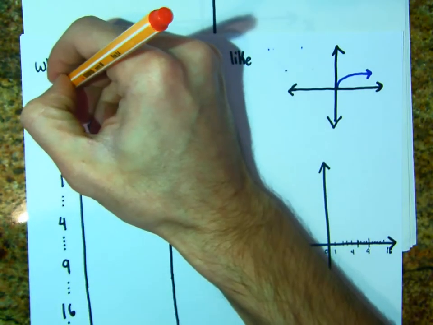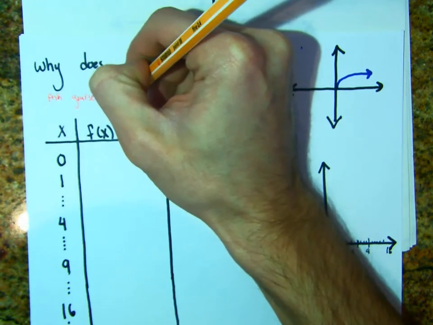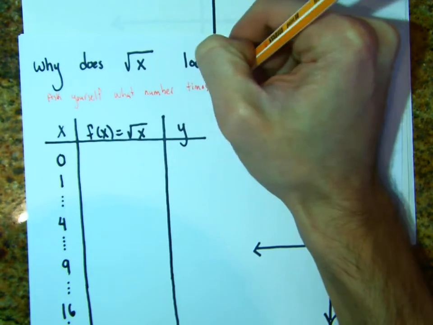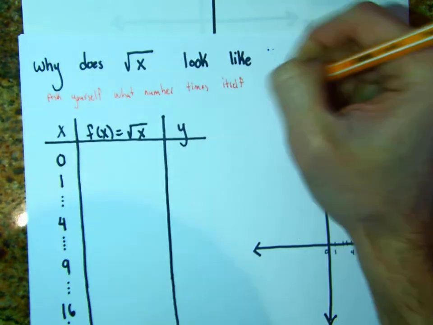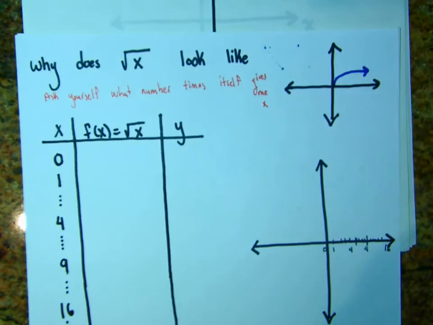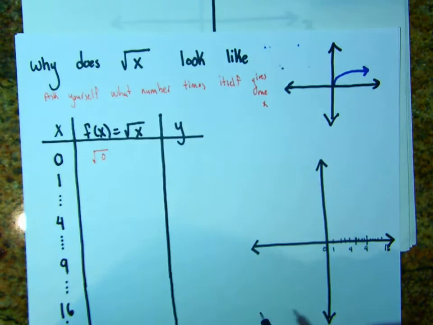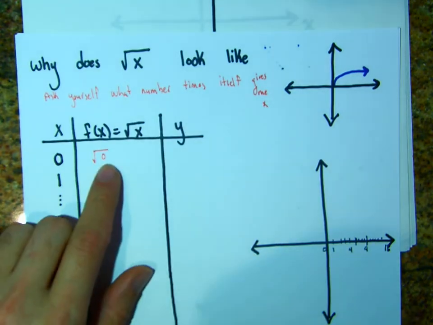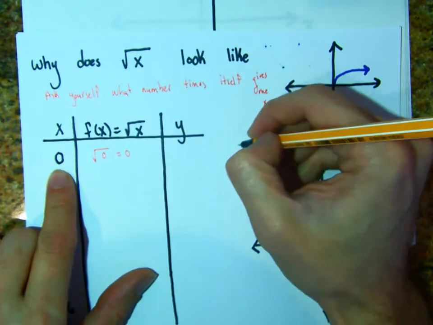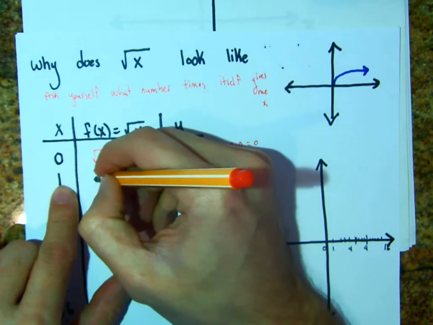Ask yourself, what number times itself gives me x? So for example, if I said, hey, what's the square root of 0? What number times itself gives me 0? And that is 0, because 0 times 0 is 0. What is the square root of 1?